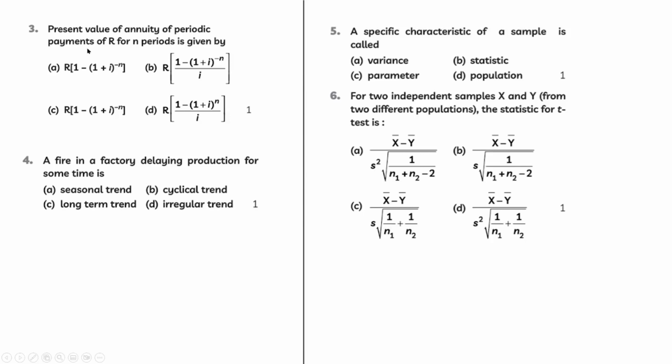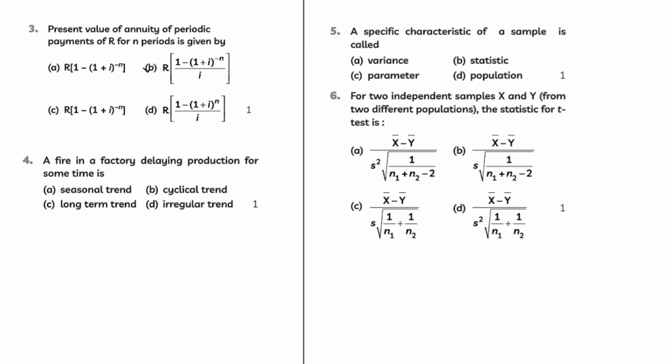Next question, present value of annuity of periodic payments of R for n periods is given by. Now we know that the present value of annuity of R for n periods, where i is the rate per period, is given by R into (1 - (1 + i)^-n) upon i.